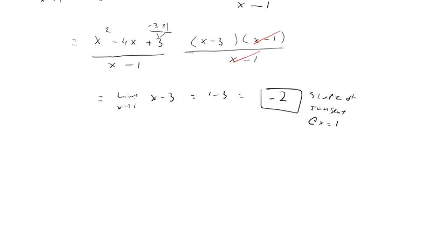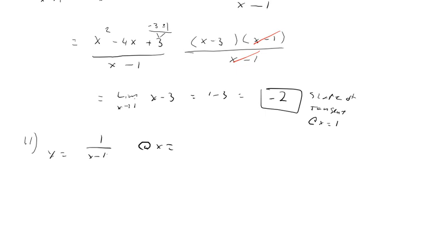Let's try 11. This one was a little different. 1 over x minus 1. So our equation for number 11 is 1 over x minus 1. And we want to find the tangent slope at x equals, what was it? x equals 2.